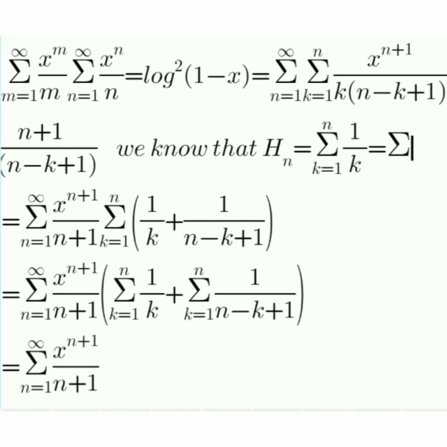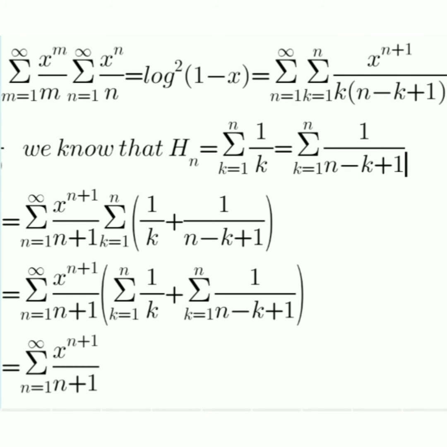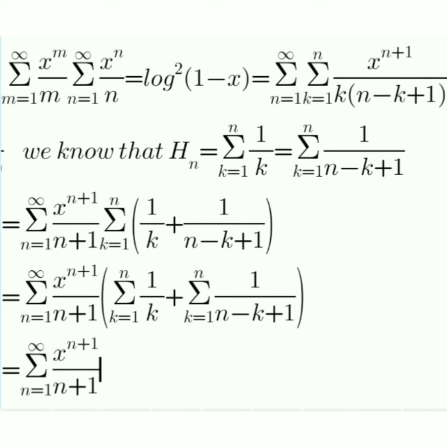I can write this, k equals 1 to n, 1 divided by n minus k plus 1. This is also the harmonic. So friends, I can write Hn plus Hn.